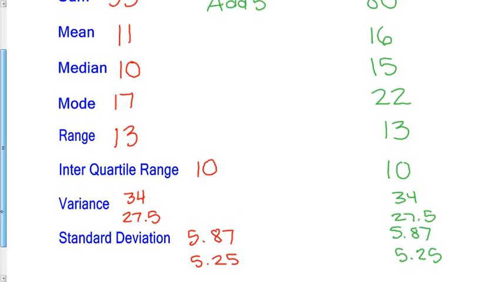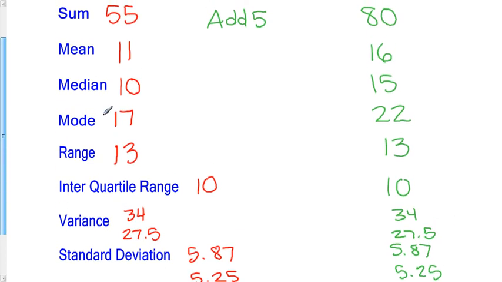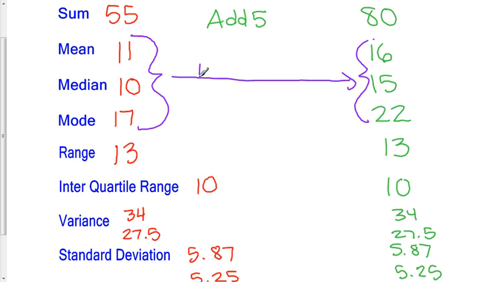So, as you can see, with these, the mean, the median, and the mode all would increase or decrease by whatever is added or subtracted to it.